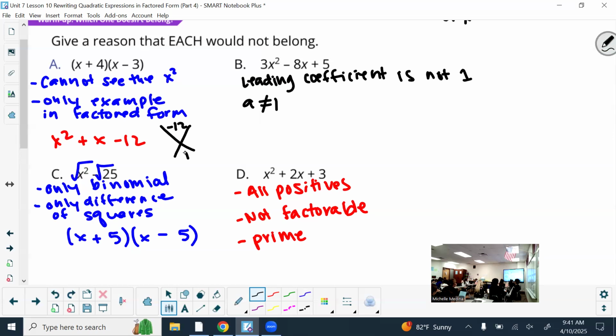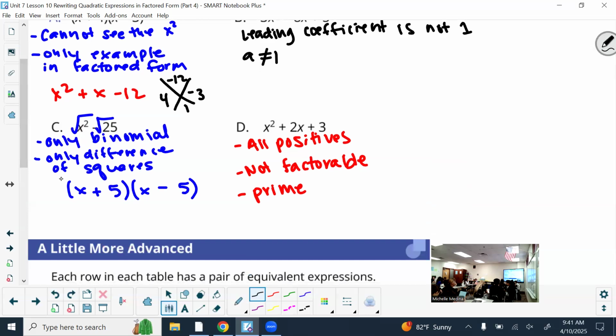I'm just doing it really quickly, so try to keep up, make sure we're paying attention. I would set up my diamond method and I would find two numbers that multiply to -12 and add to 1. So that would be 4 and -3 that do that. And if you notice, our factored form has that 4 and -3, right? So that one's factorable.